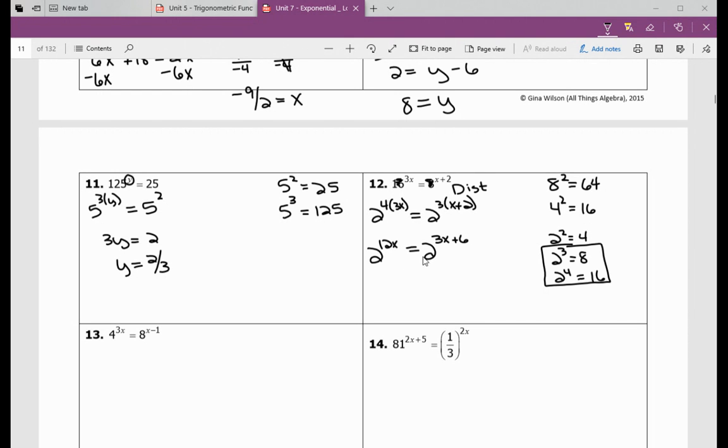Now that my bases are the same, we do what we've done in every example. Drop the base, set the exponents equal. So I end up with 9x equaling 6, and x equals 6 divided by 9, which is 2/3 when you reduce it down.